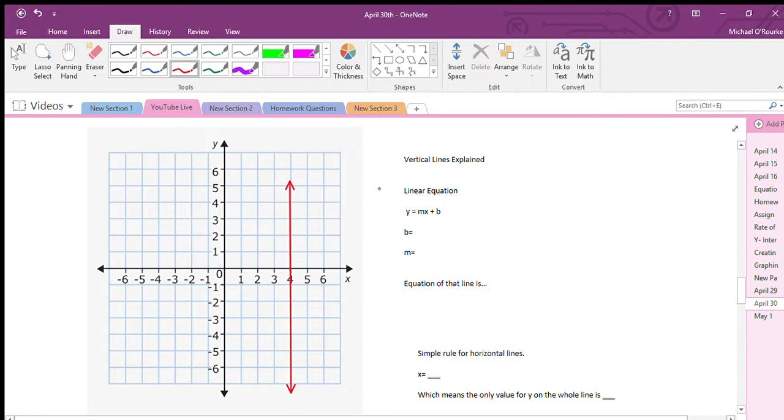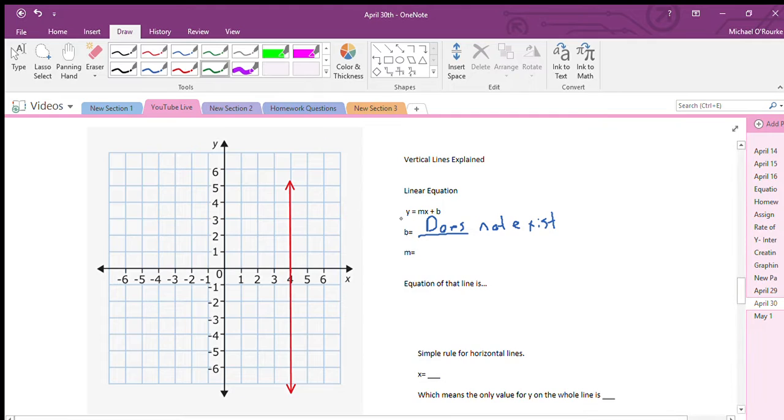So there's my line. Okay. So if we want to write in our info here, our y-intercept, well, it doesn't exist, right? Because this line that goes straight up and down will never cross that.